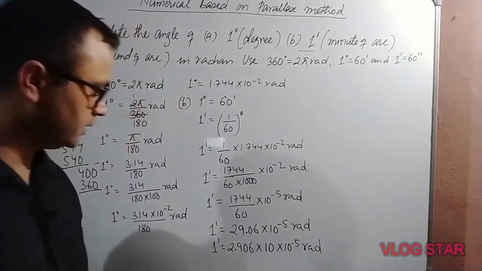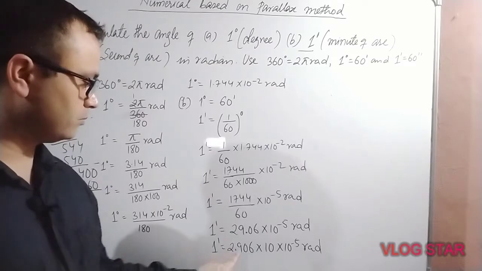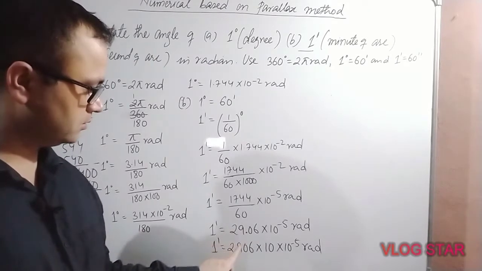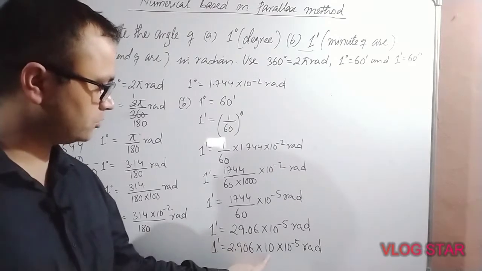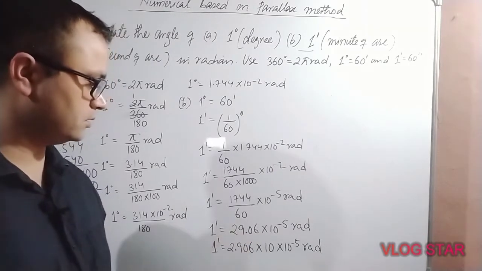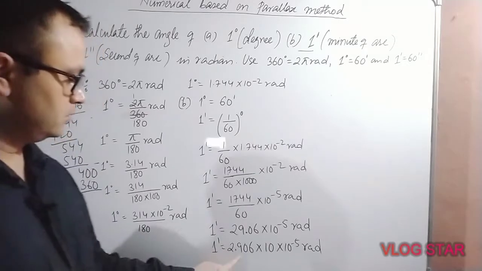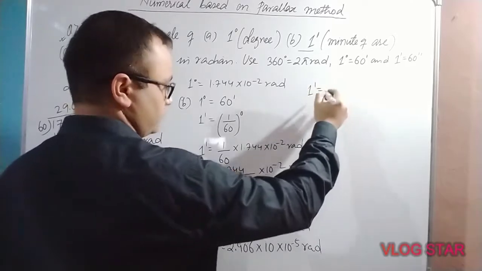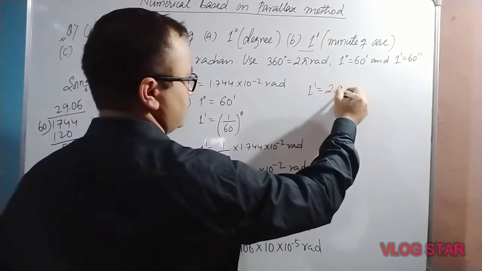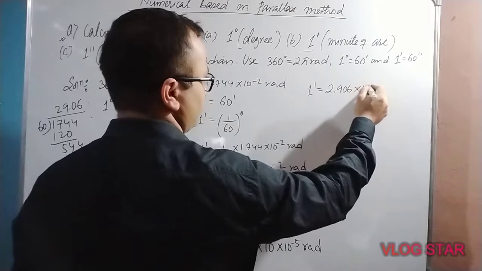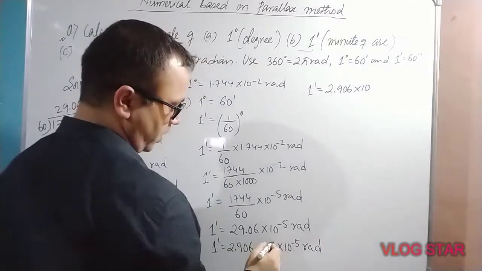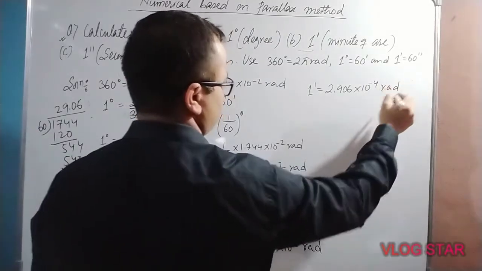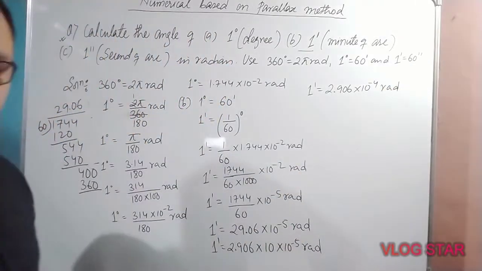If you multiply this number with 10, you will get this number. So 2.906 into 10 is 29.06. So 1 minute equals 2.906 into 10 to the power, 1 minus 5 is minus 4 radian. This is the case for minute in radian.